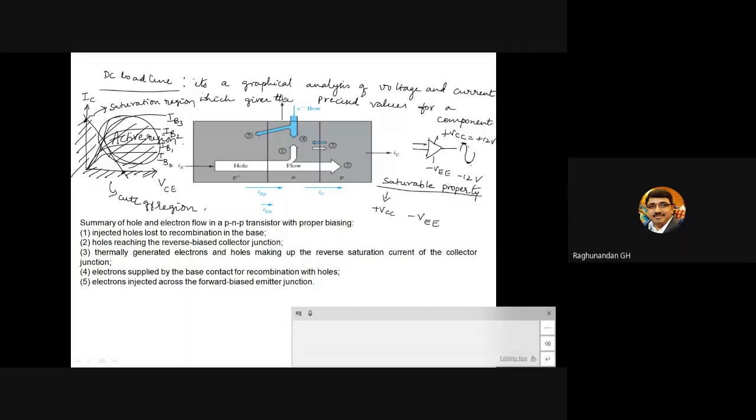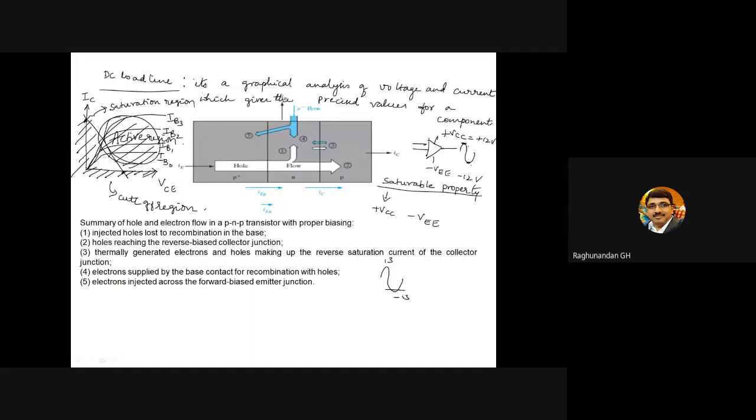If your output rises beyond plus 12 volt or beyond minus 12 volt, then the output starts clipping. If you have a signal like this and it is, let us say, 13 and minus 13, during that time it is going to clip the signal at 12 and minus 12.